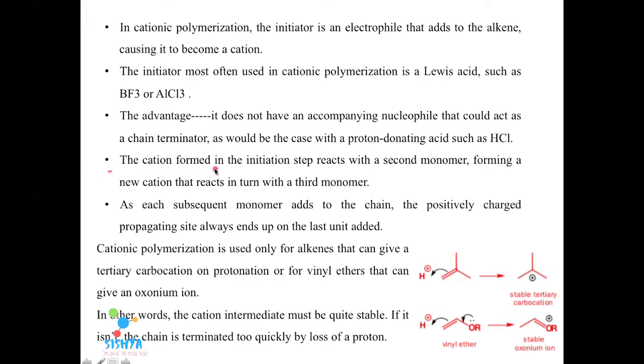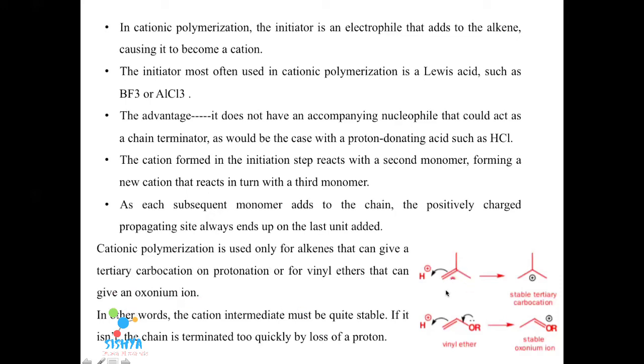The cation formed in the initiation step reacts with the second monomer, forming a new cation, and it proceeds similarly with the third, fourth, and so on. Cationic polymerization is used only for alkenes that can give a tertiary carbocation on protonation, or a vinyl ether that can give an oxonium ion.